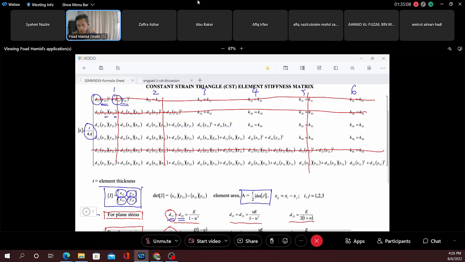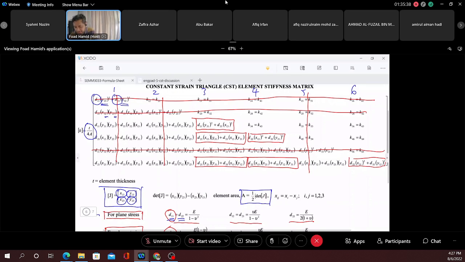So what we need to do here is we need to find this, this, and this, and this, and this, and this one. Because the rest are symmetrical. Okay, so this will be symmetric with this one. Okay, 3, 6 is equal to 6, 3. Okay, this equal to this.